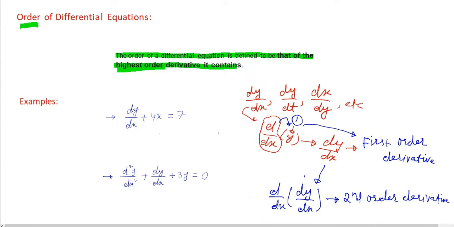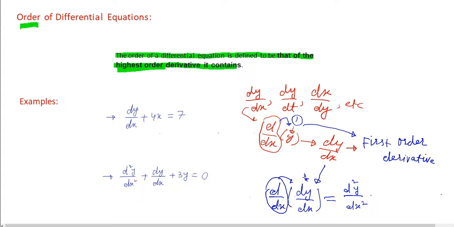To this first order derivative, we applied d by dx again, so we are differentiating y with respect to x the second time. So we call it second order derivative, and this d by dx of dy by dx is written as d square y by dx square.